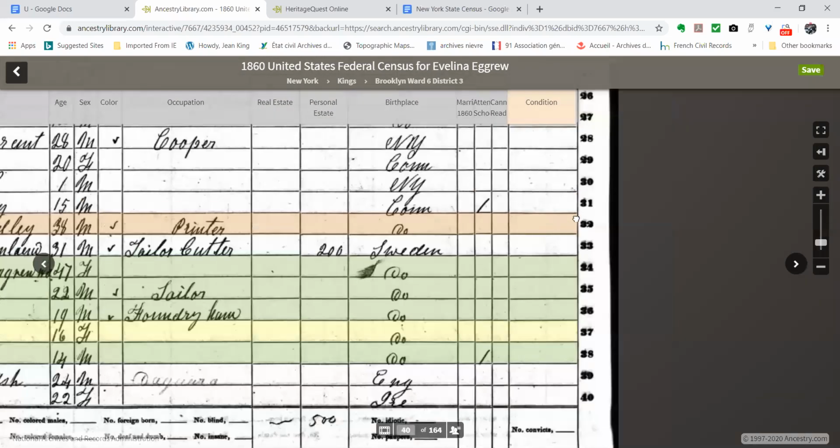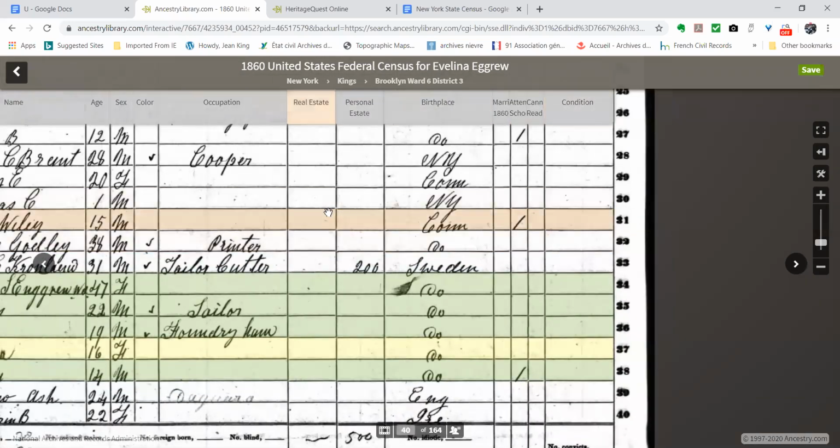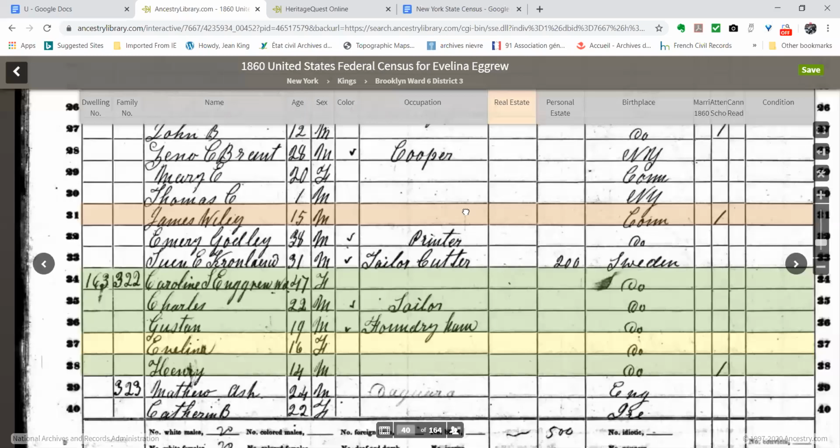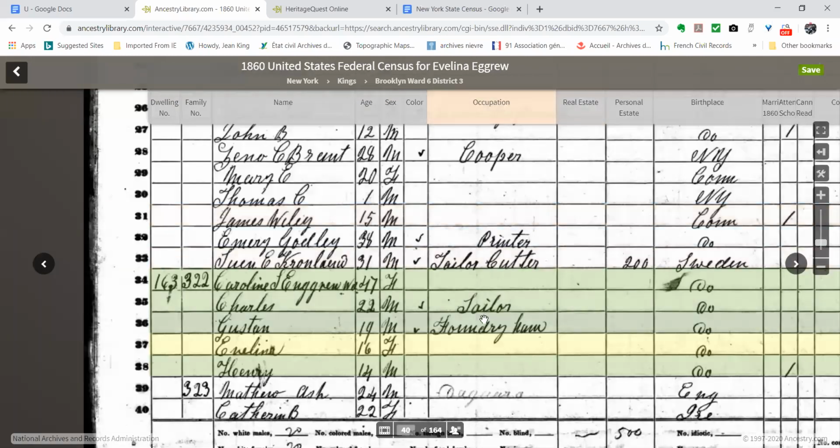This group of relatives was all born in Sweden. And if you hover over the occupation, usually they even give you a transcription of the occupations, here as a foundry hand.